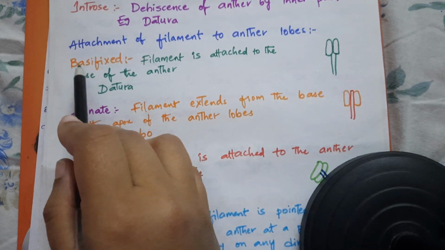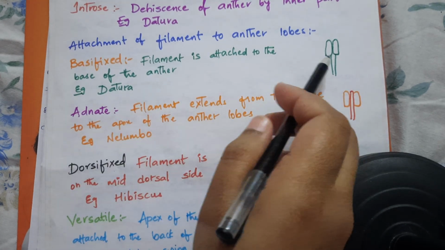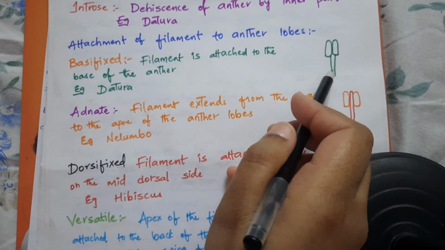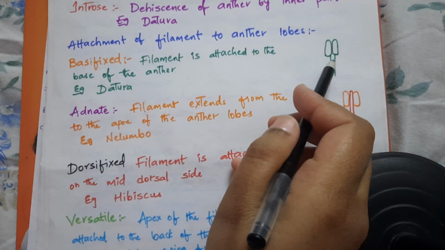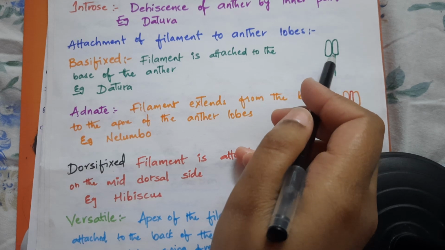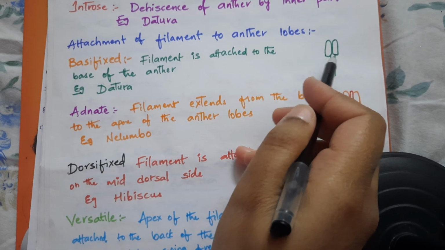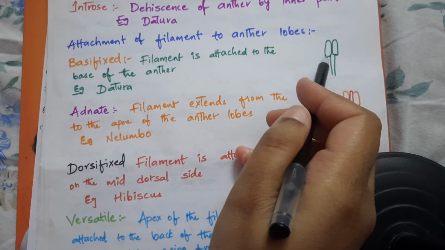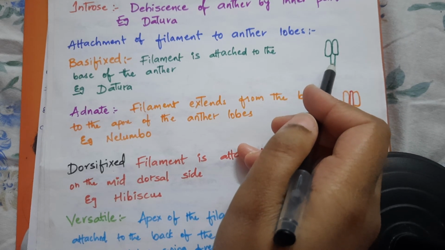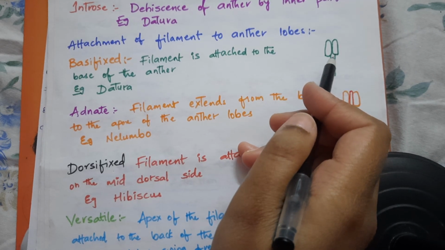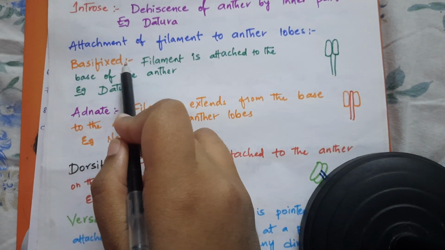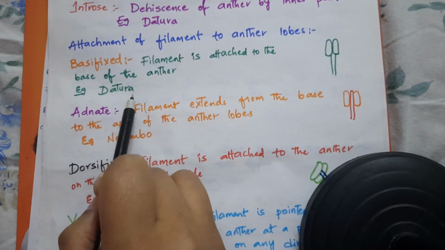First one is the basifixed. See here, at the basal region, this is the filament, and it is attached to the anther at its base. This is the basal part of the anther. From this basal part the filament is attached, so we call this type of anther basifixed. An example for this is datura.